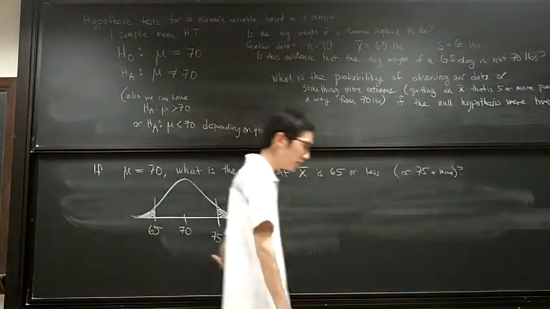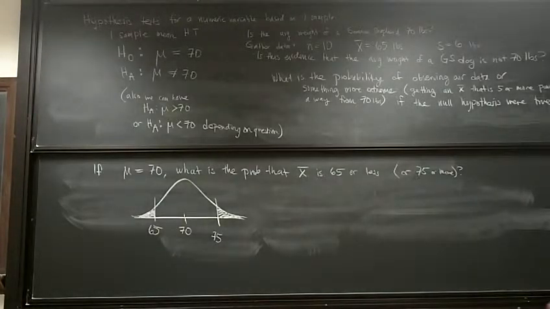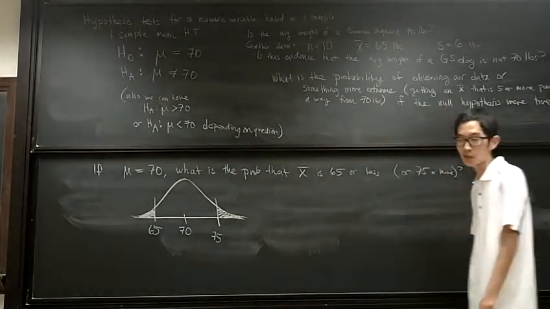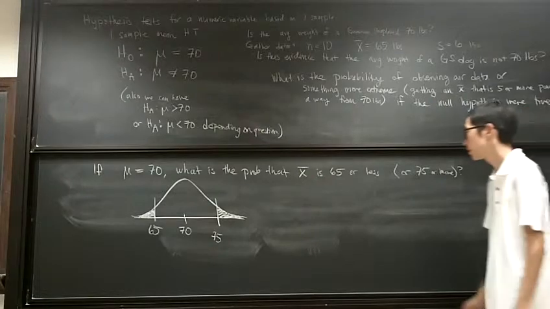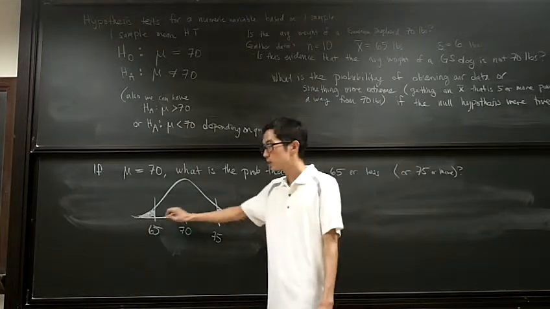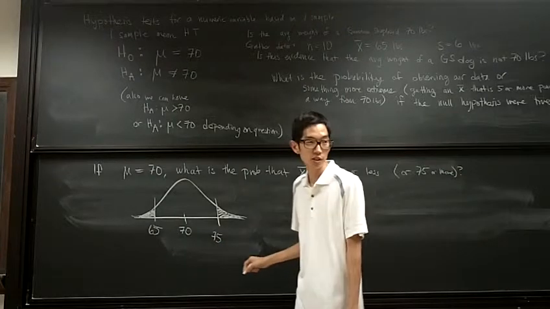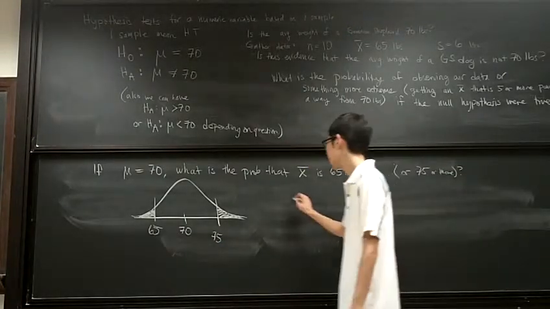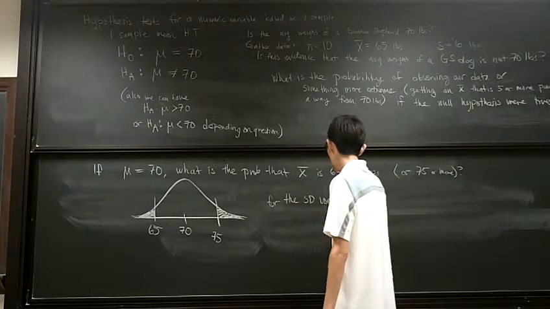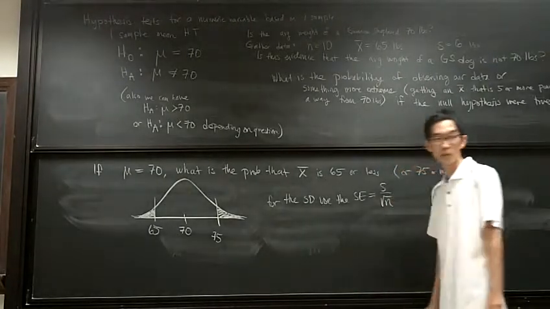Okay? Do we know how to get these numbers? Yes, kind of, but actually no. Because this looks like the normal distribution, but it's technically not. We're using the t distribution, so I've got to teach you something new. But if we were looking for a z-score, we would do what? 65 minus 70 divided by the standard deviation. But here, for the standard deviation, we use the standard error, which is equal to s over the square root of n.